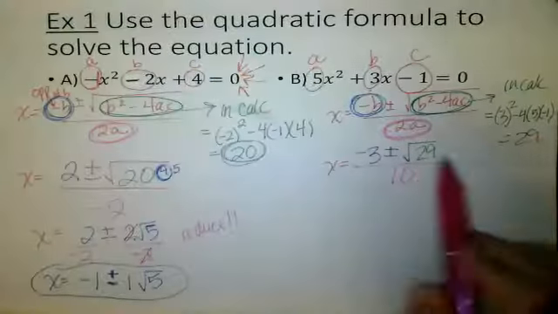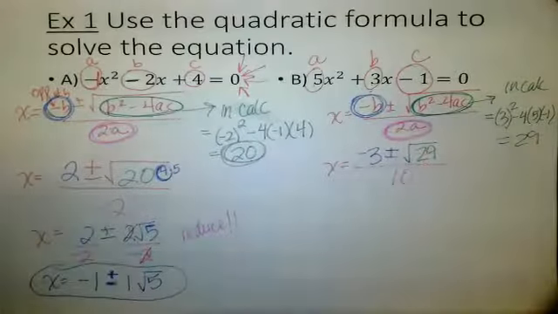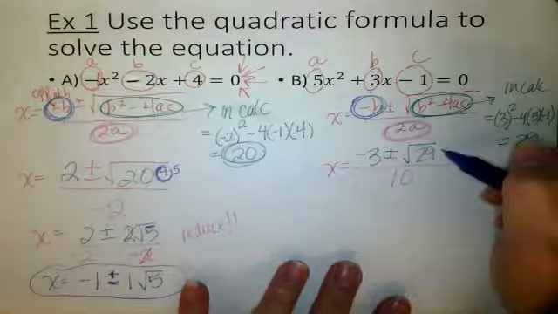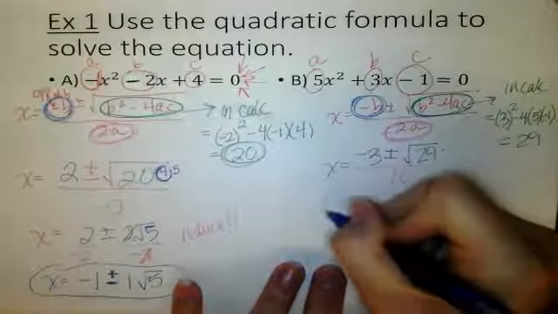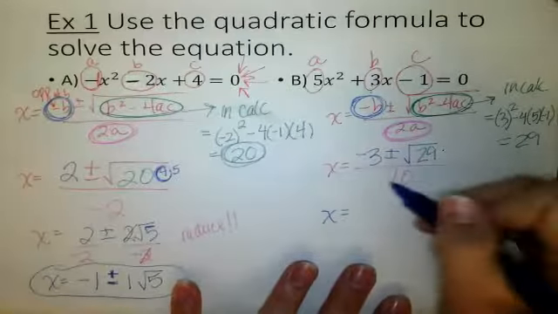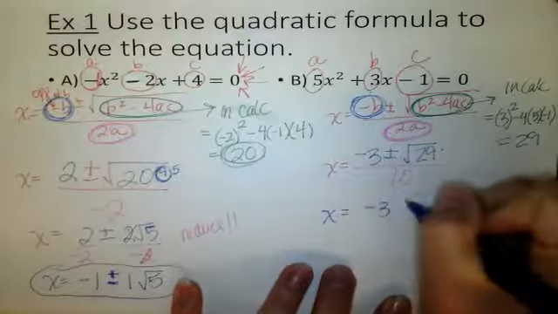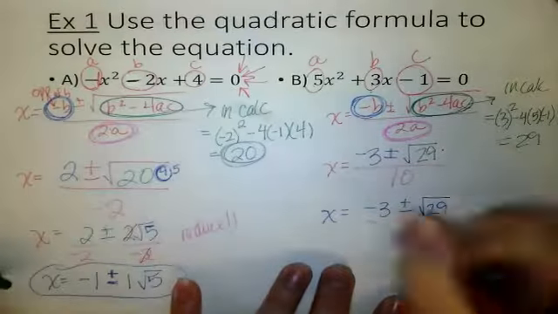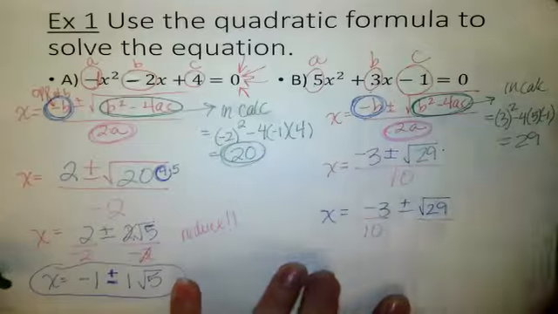Can I simplify radical 29 at all? Are there any perfect squares in there? No, it's prime. The only thing I can do to simplify, since I can't change my radical, is split up my denominator. Divide each term by 10. Nothing changes.